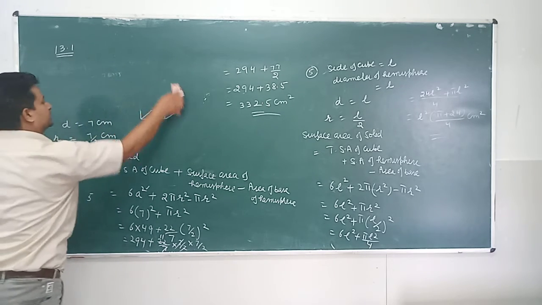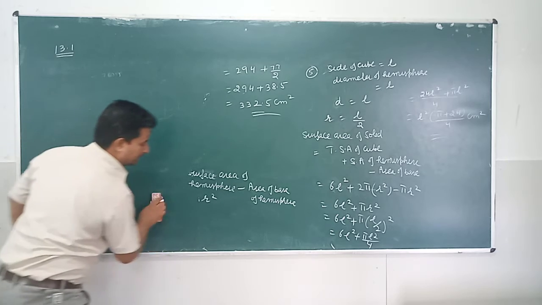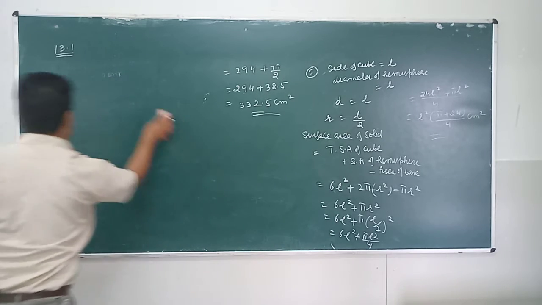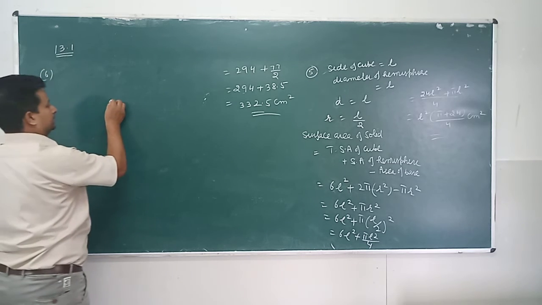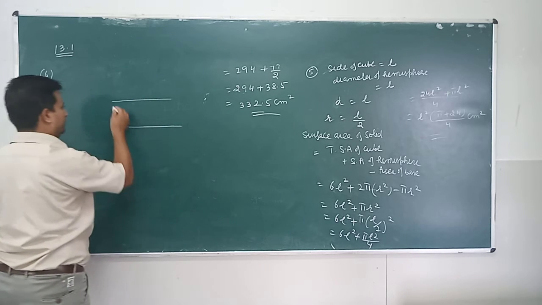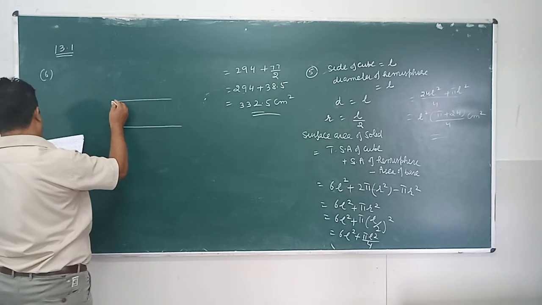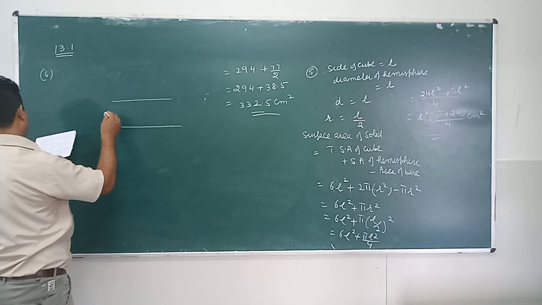In the next question, question number 6, the statement is: a medicine capsule is in the shape of a cylinder with two hemispheres stuck to each end. This is the medicine capsule in the shape of a cylinder with two hemispheres.